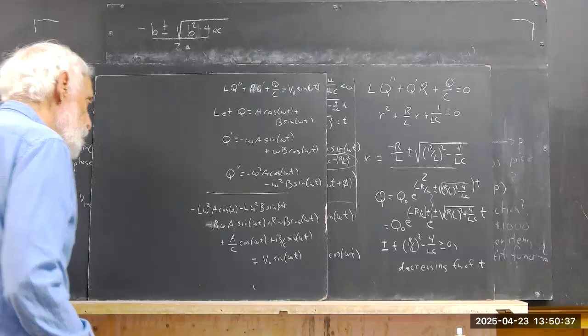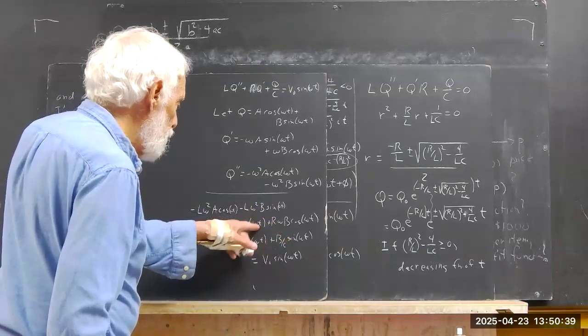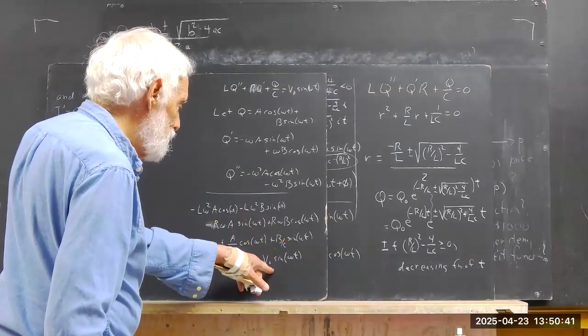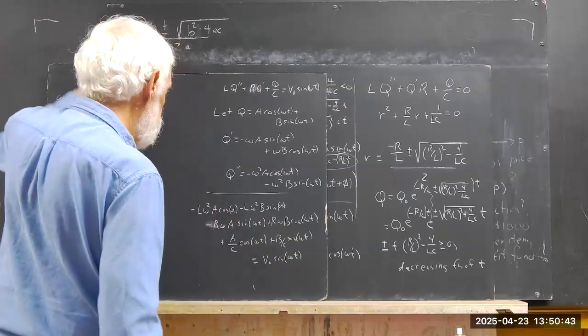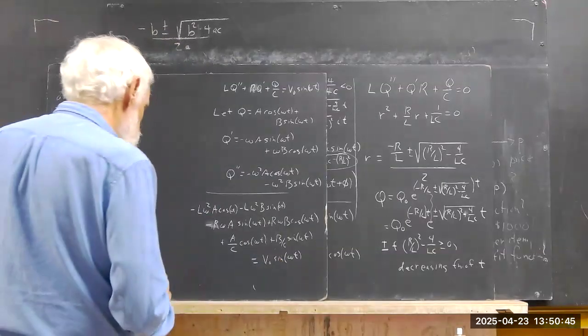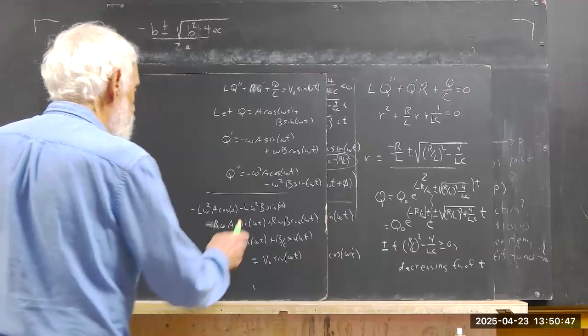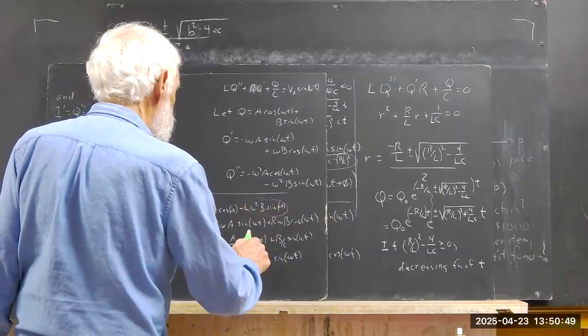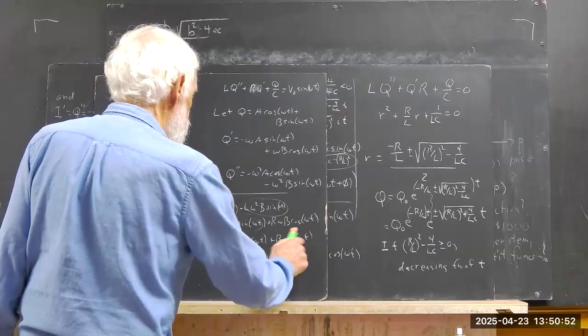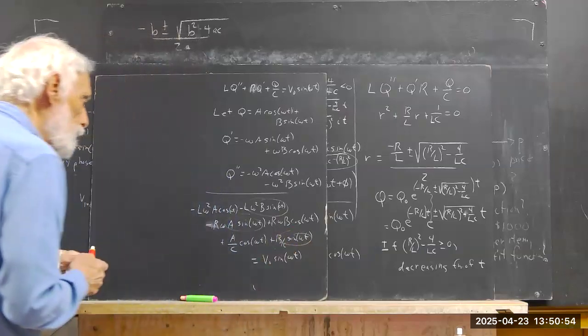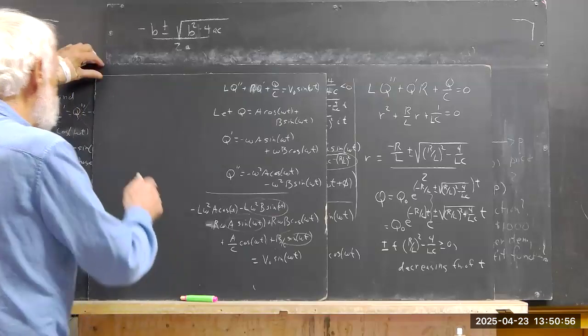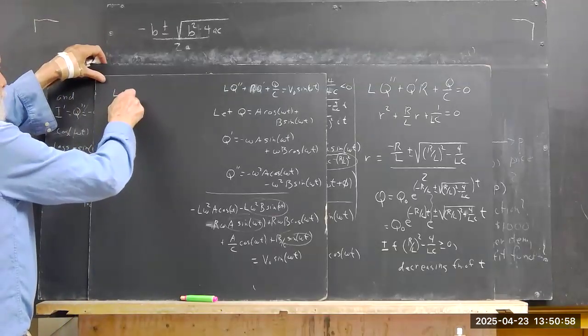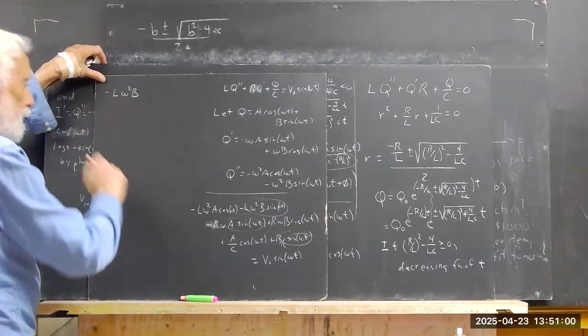What do you do next? Well, you sum up all the sine terms and they have to equal V naught sine of omega t. So the sine terms are this, this, and this. We conclude that negative L omega squared B, I think that's negative, isn't it?